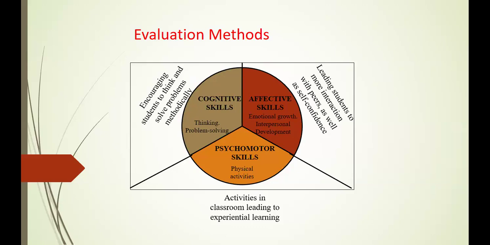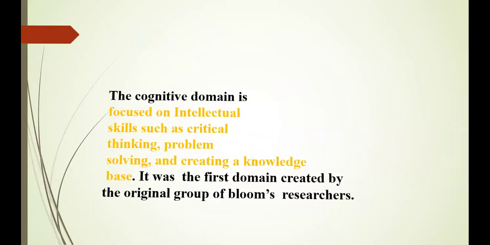The cognitive domain goes to the head, the affective domain goes to the heart, and the final one, psychomotor, goes to the hand. We can explain like that. Thank you very much for listening to me patiently. I invite my next partner to continue.